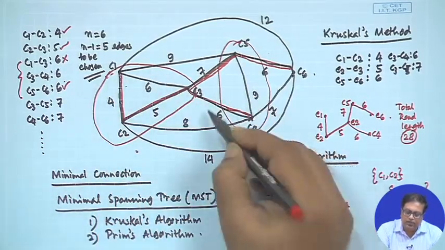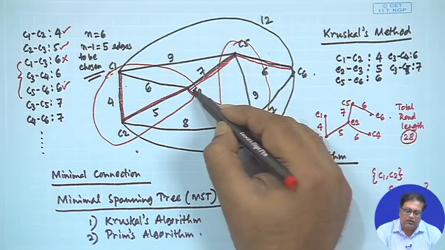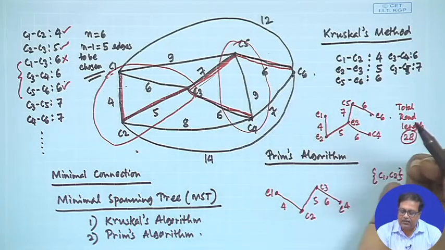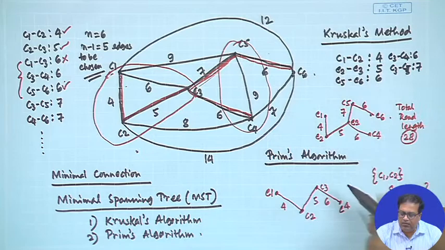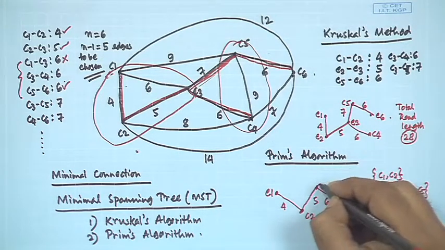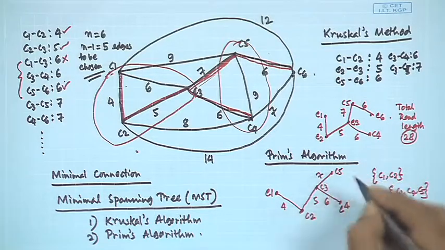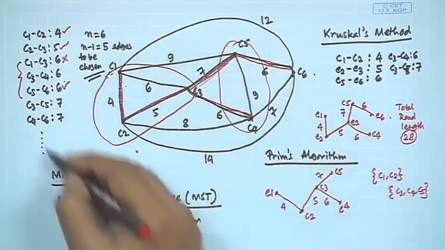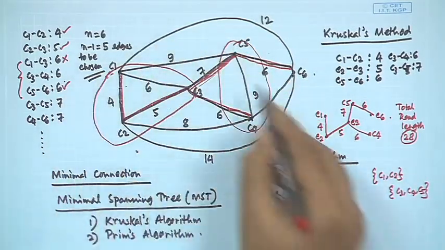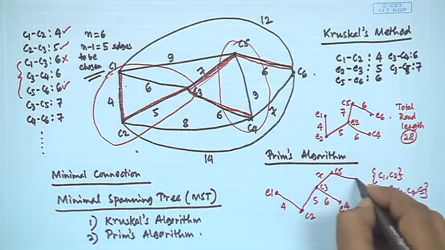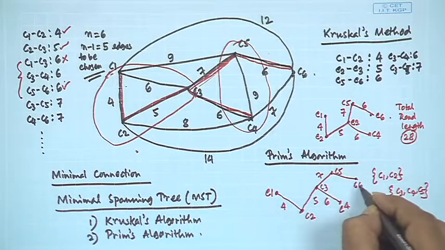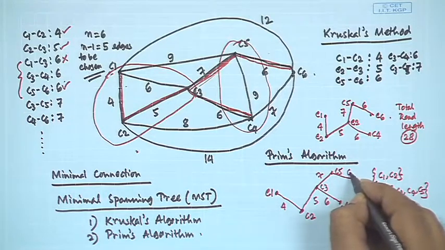Now the lowest connection that we have is one of these two 7s, right? So maybe anyone you can take. Maybe we take this one and we go to C5, that is 7. If I now take this entire C1 C2 C3 C4 C5, the nearest connection to this is C6 and then we get 6.